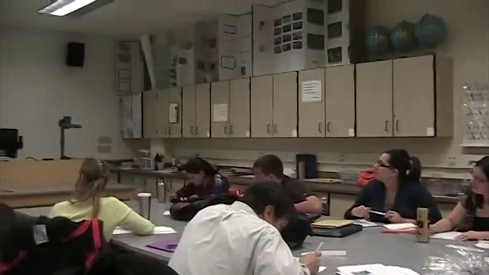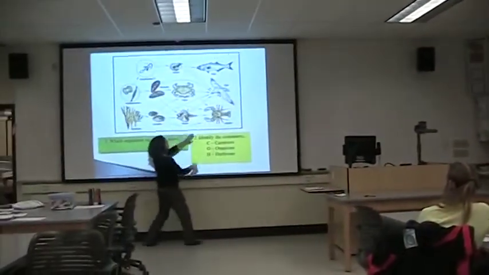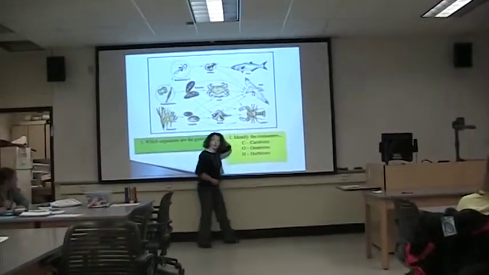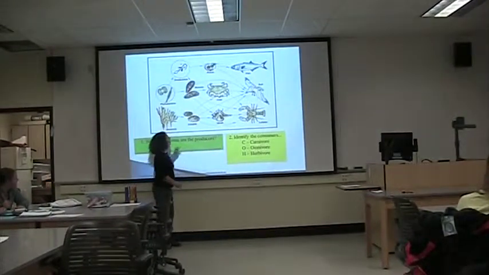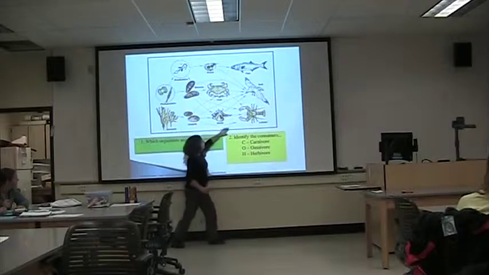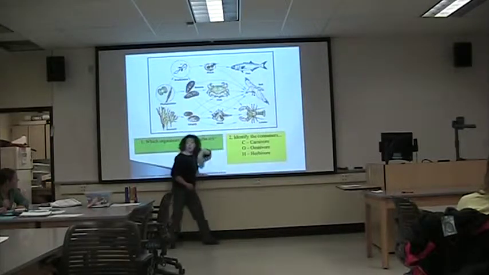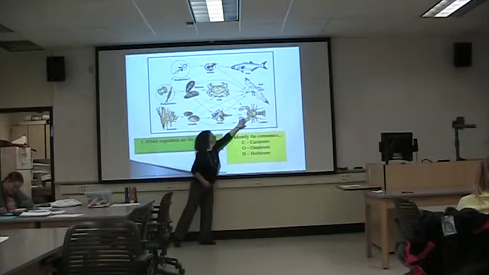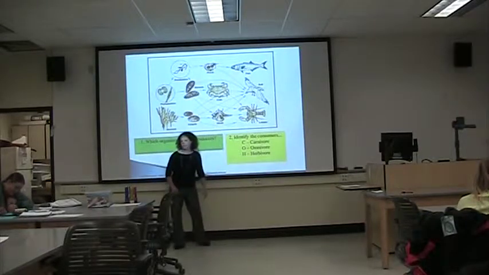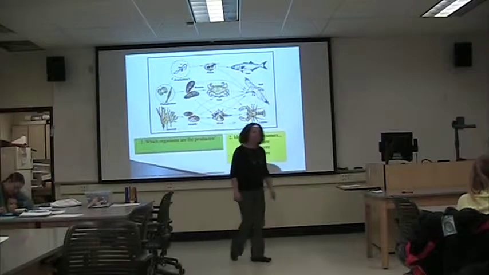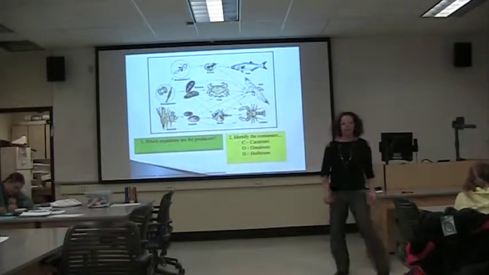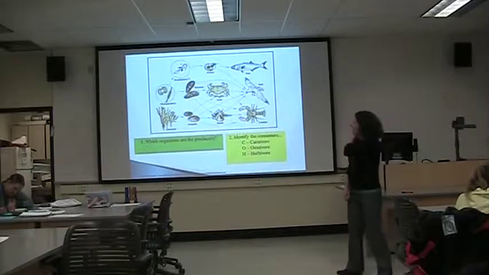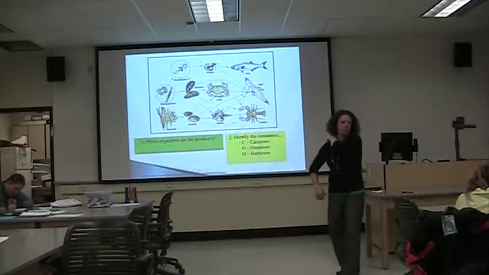So if I'm looking at this arrow here, now is this limpet eating the lobster? No. Or is it the other way around? The other way around. Okay, so if this is what's getting eaten by who? Does that make sense? Okay, so the direction of the arrow is the direction of where the food is going. So take a minute. Feel free to discuss and identify those organisms.